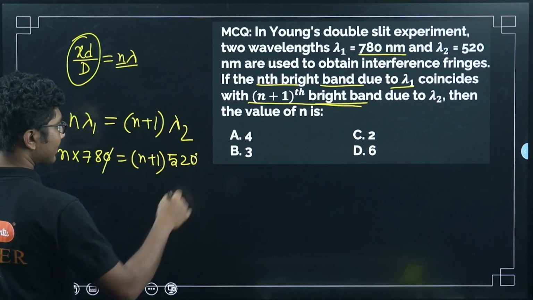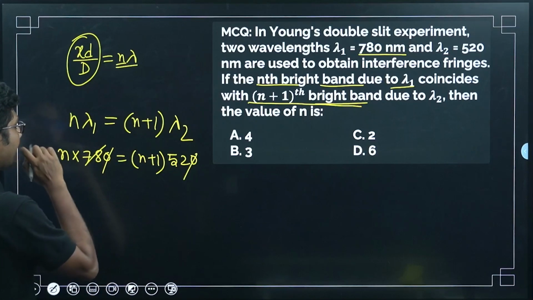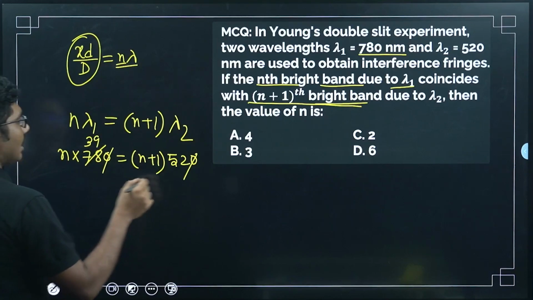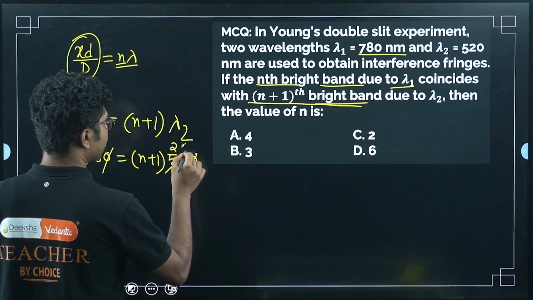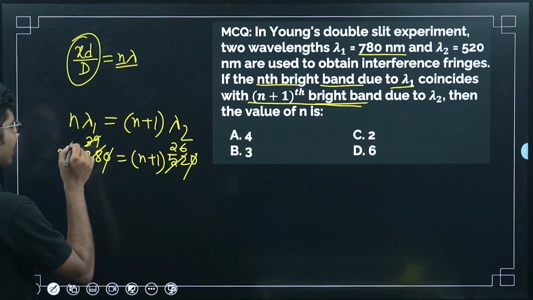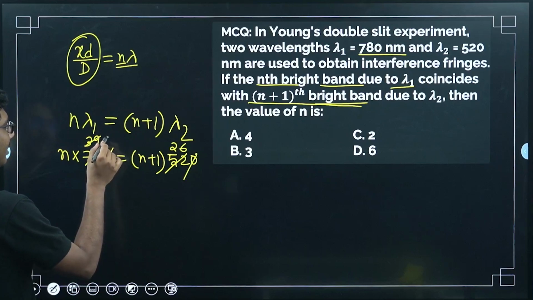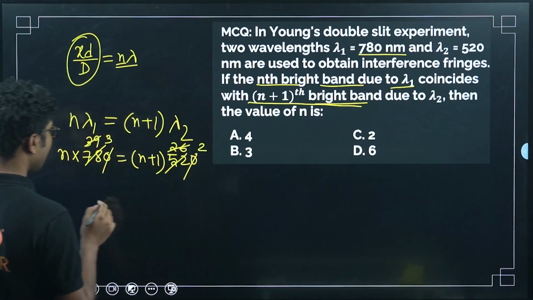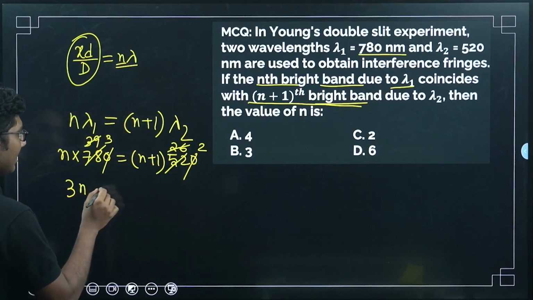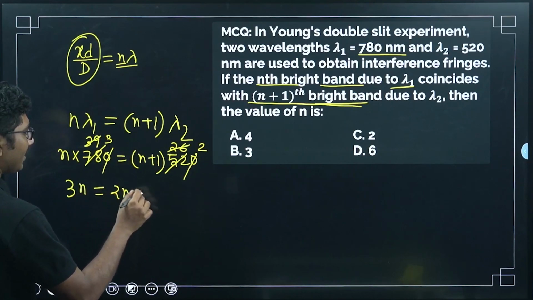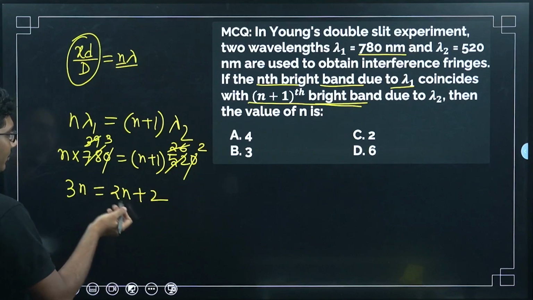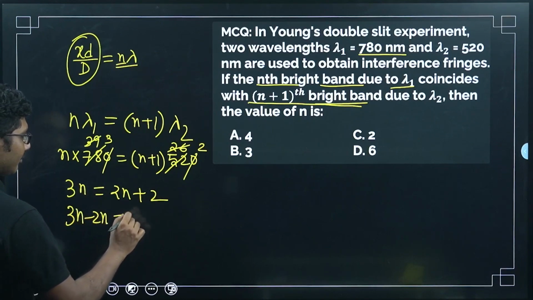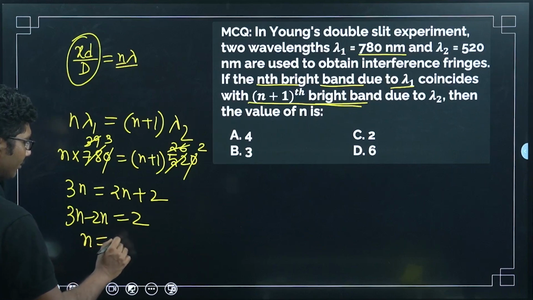The zeros cancel, 78 by 2 is 39, 52 by 2 is 26. 13 3s are 39, 13 2s are 26. So 3n equals 2n plus 2, right. Take this on this side, so 3n minus 2n equals 2, or n equals 2.